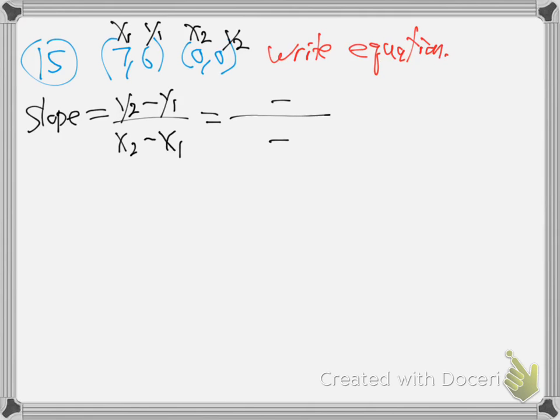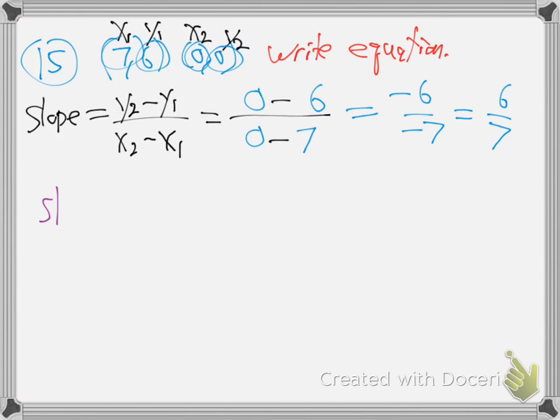Here we go. y2 minus y1, 0 minus 6 over x2 minus x1, 0 minus 7. Minus 6 over minus 7. 2 negatives. Positive, huh? Positive 6/7.